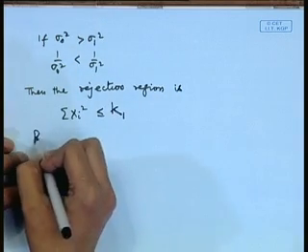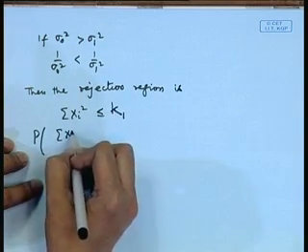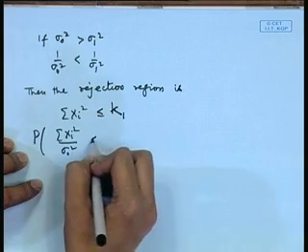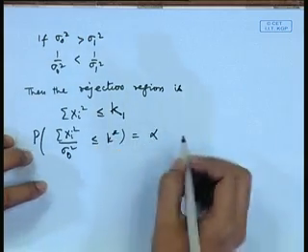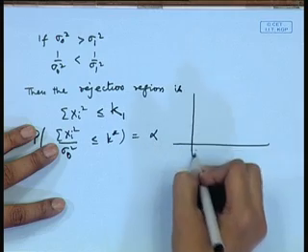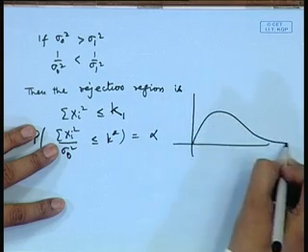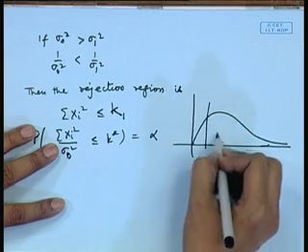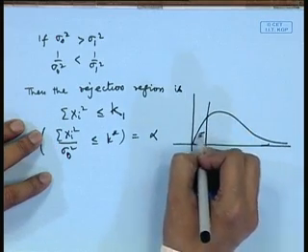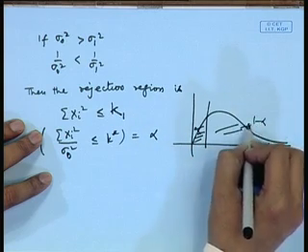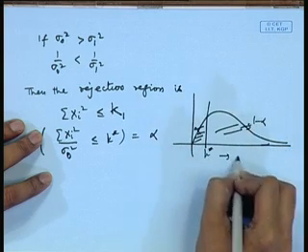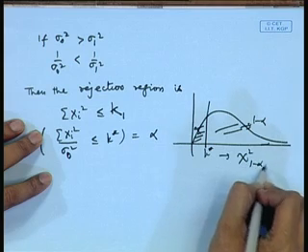So, once again we will have probability of sigma xi square by sigma naught square less than or equal to some k star is equal to alpha. So, here it is turning out to be the left hand point. We are saying this value is alpha, that means this upper value is 1 minus alpha. So, this k star in this case becomes chi square 1 minus alpha n point.